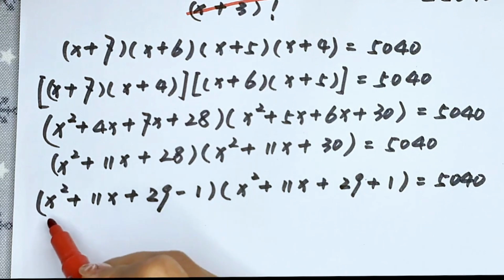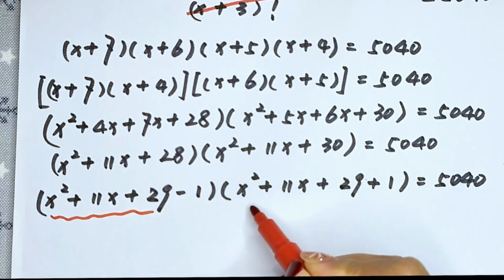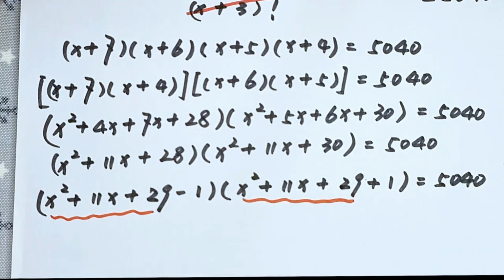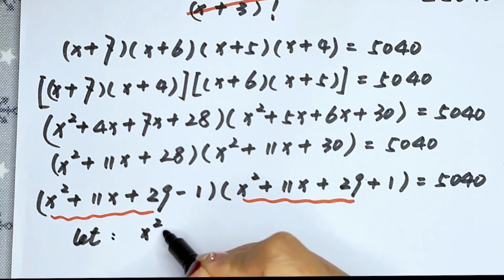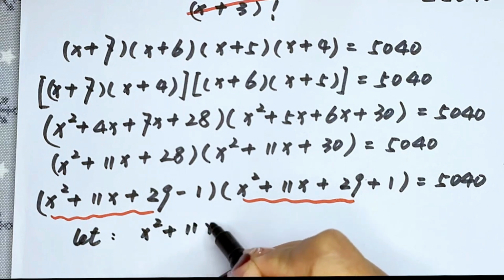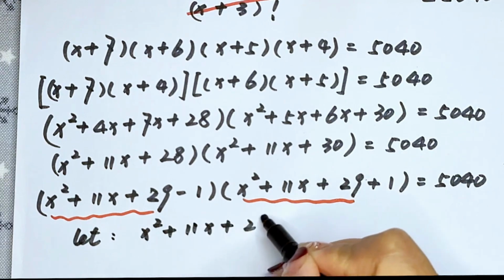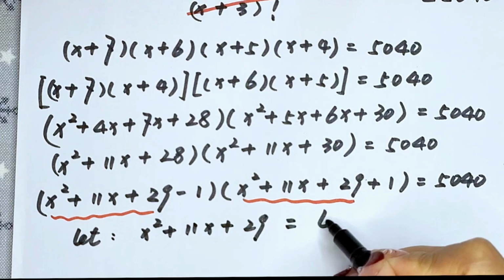Now this part is common, so we let x squared plus 11x plus 29 equals t.